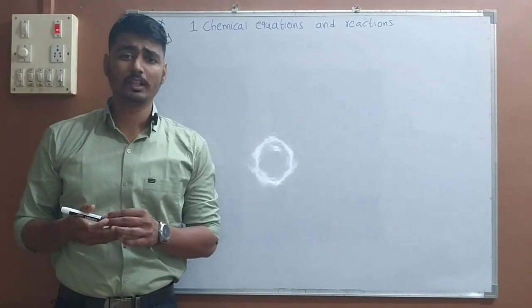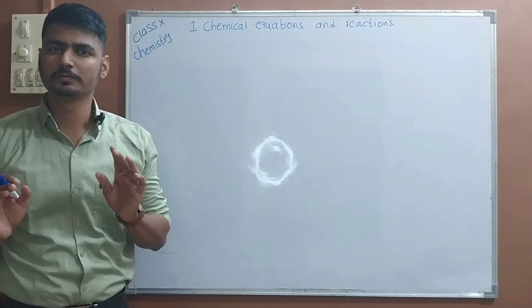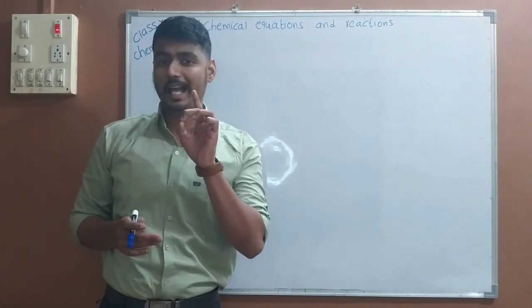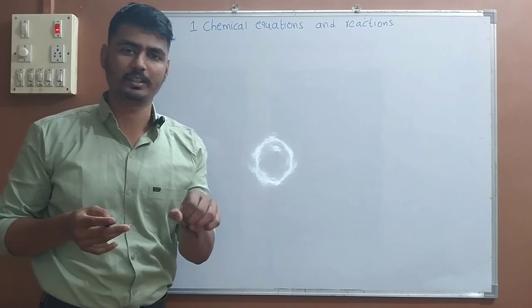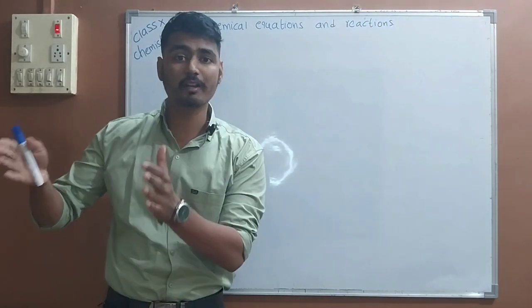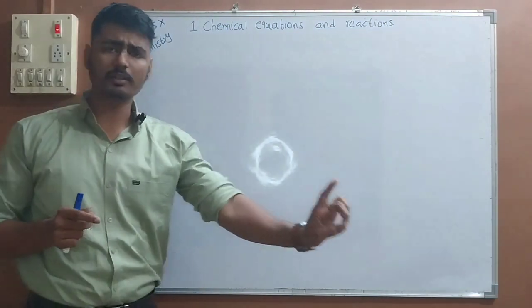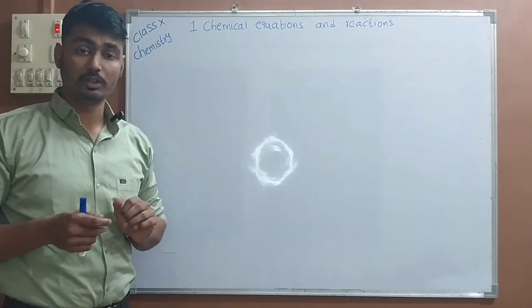So first of all, do you know what is a chemical equation? We need to think on it. As we all know, in our day-to-day life, many reactions are happening. But those reactions are happening in our practical, real world. How do we write those reactions on a notebook or on a board?